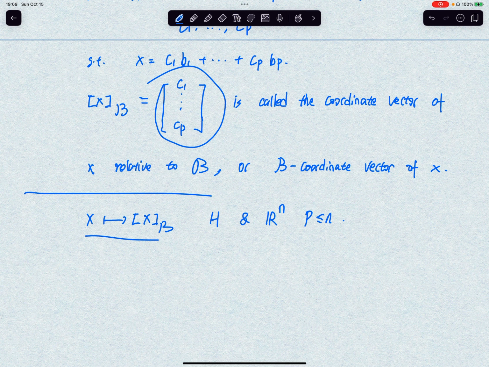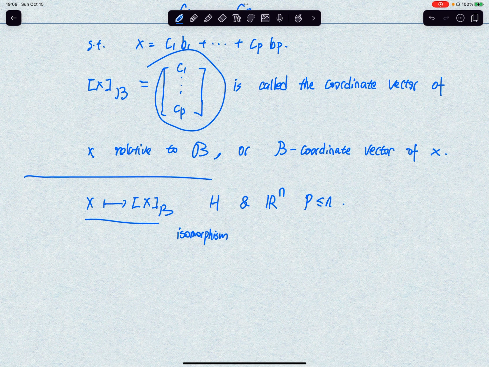For such a mapping, we call it an isomorphism.